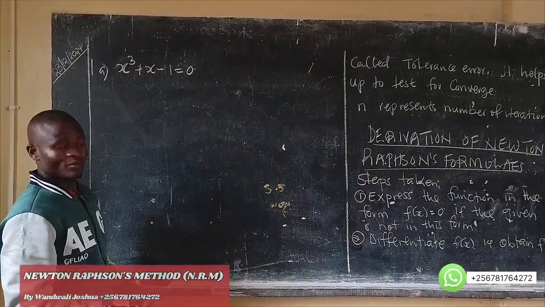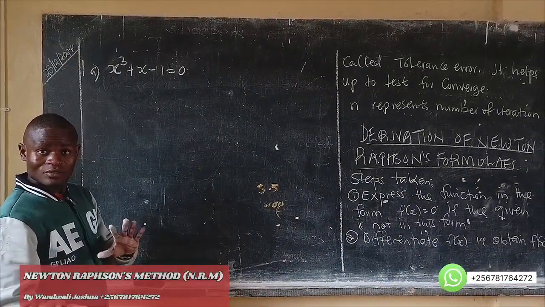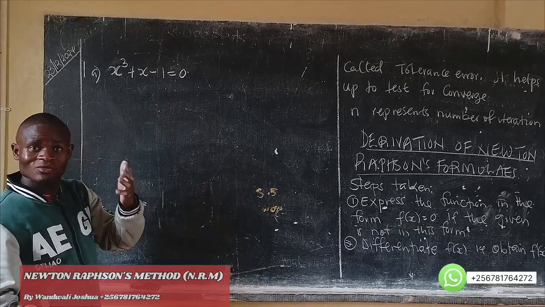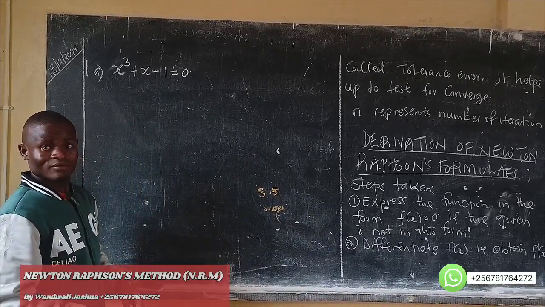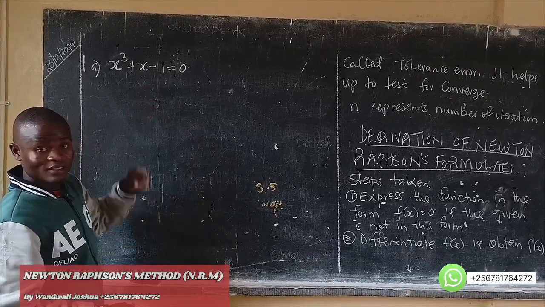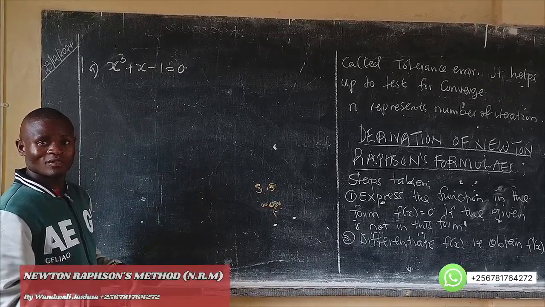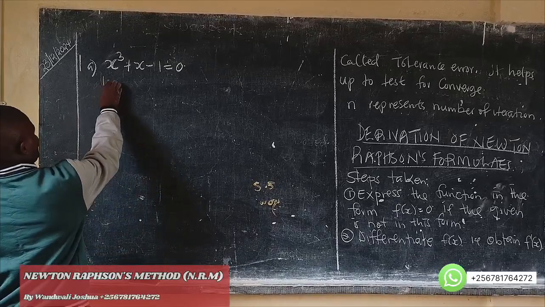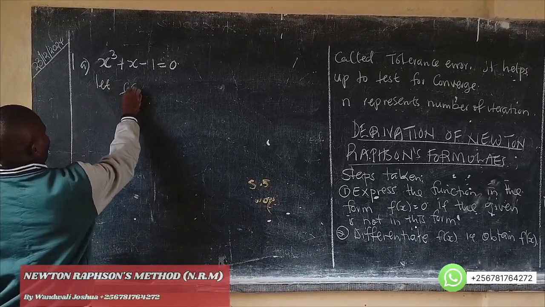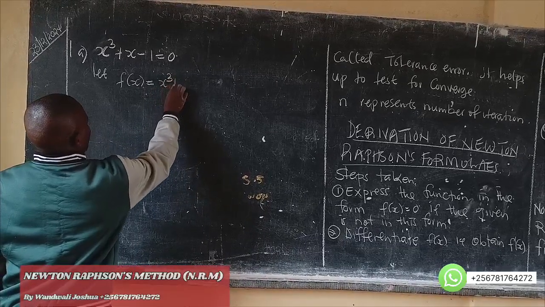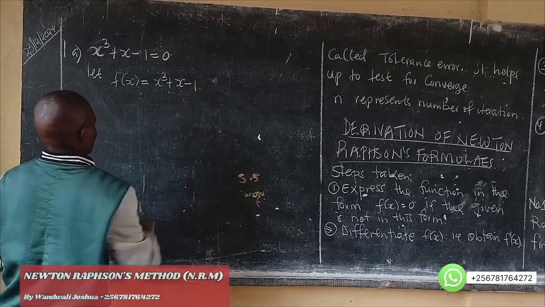Okay. So candidates, when you are attempting a question, the first thing to do is to understand which function you are dealing with. This is a polynomial function. So you let f of x be equivalent to x cubed plus x minus 1.